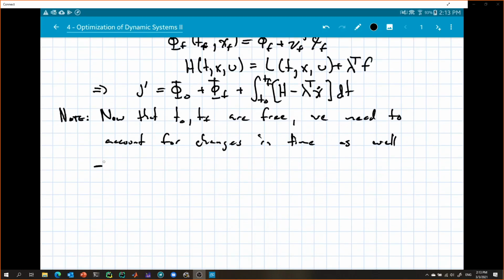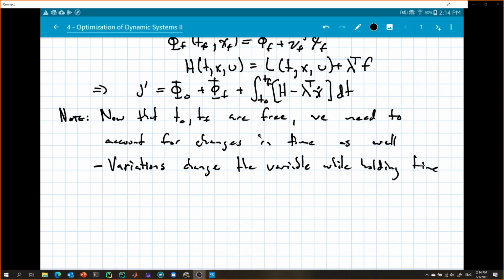So the variations that we dealt with last time only dealt with changes kind of vertically, with a fixed time. So variations change the variable while holding time fixed. And if you remember, we used that kind of scaling to show that. So we scaled the function up and down, but we didn't slide it.